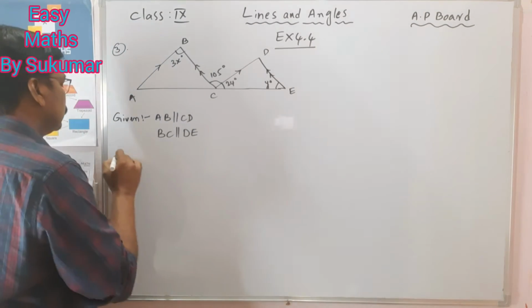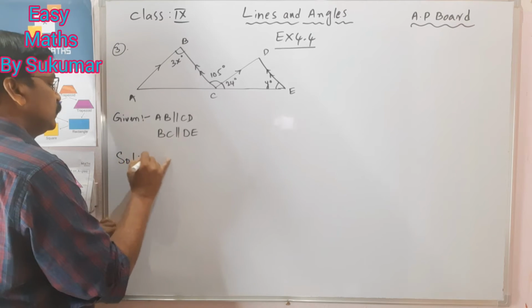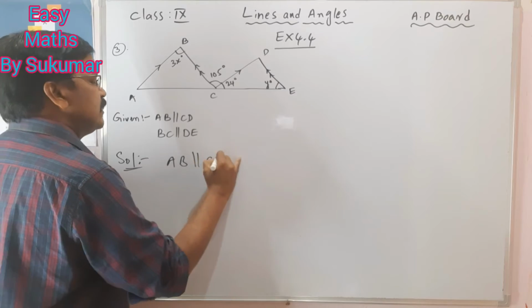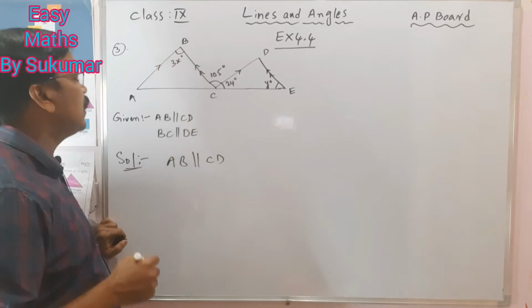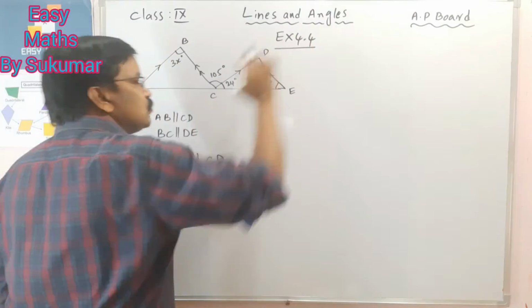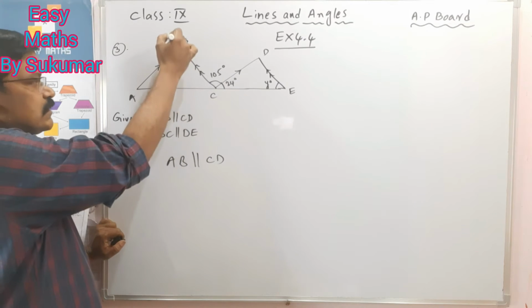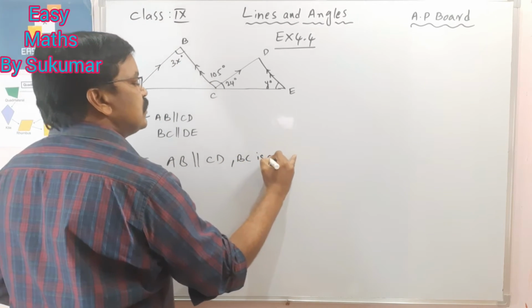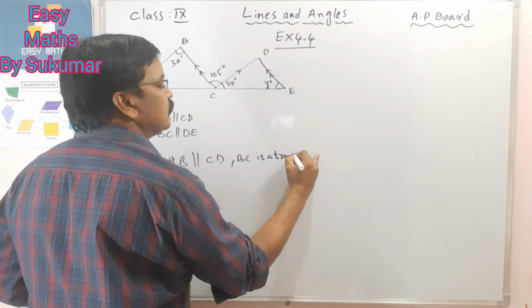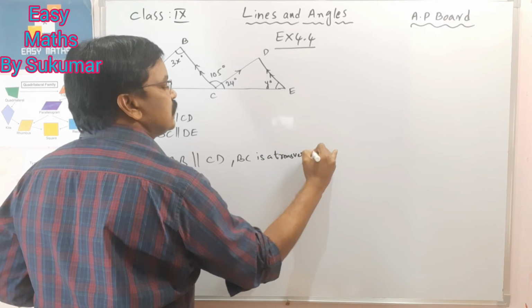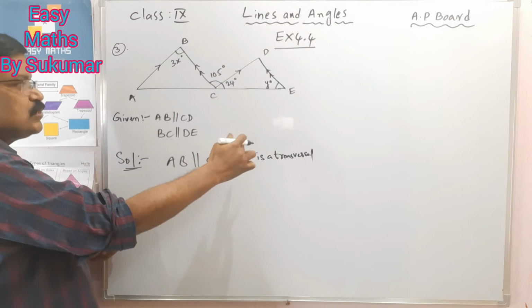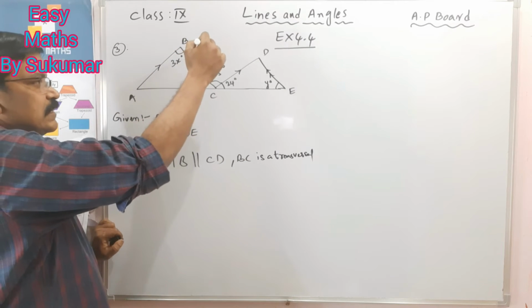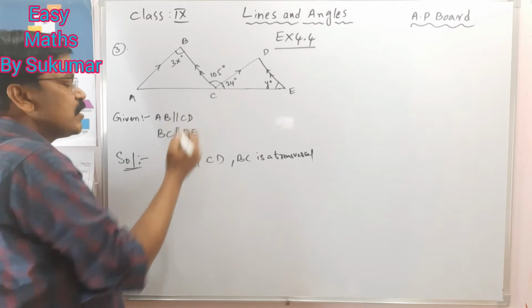Solution. See my dear students, this AB is parallel to CD here. So take this BC as a transversal. Then this 3x is equal to 105.